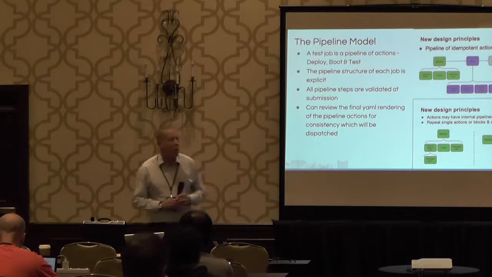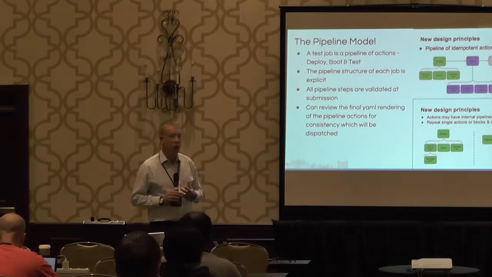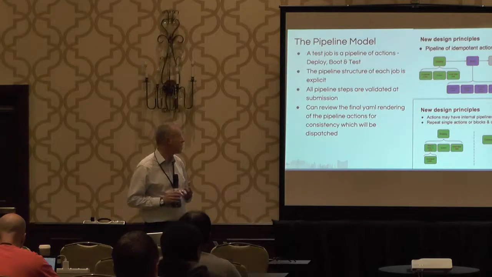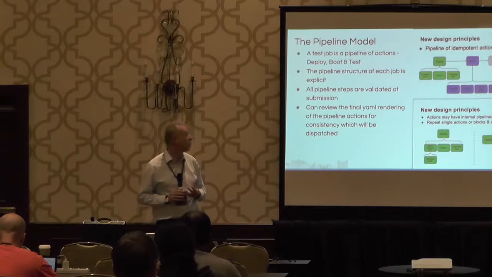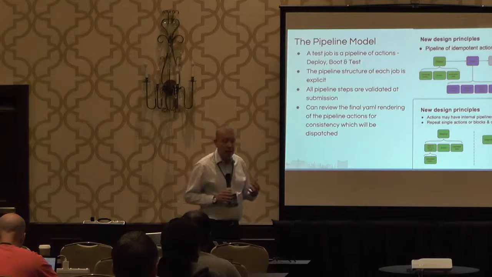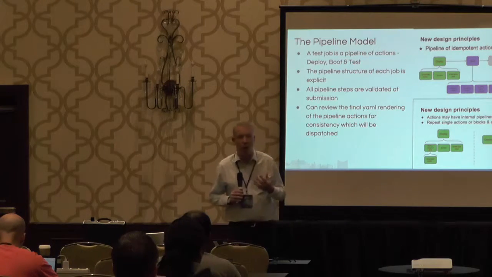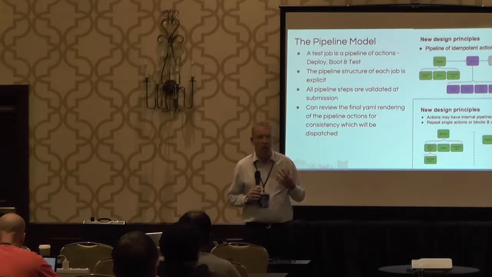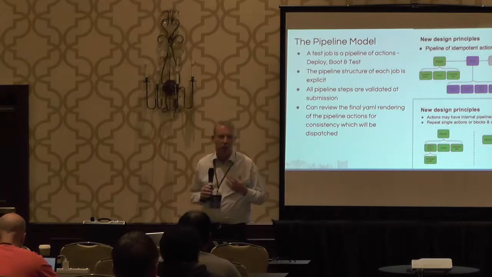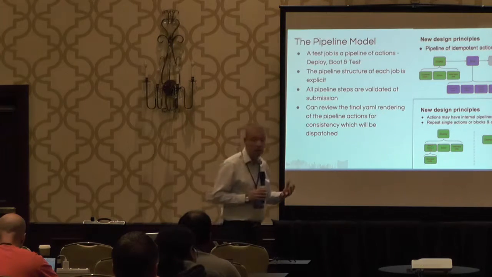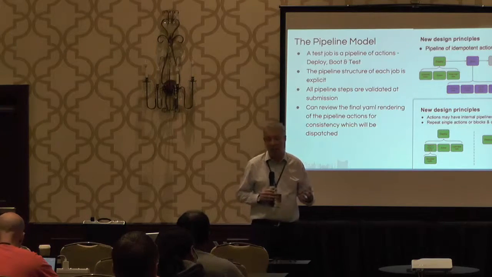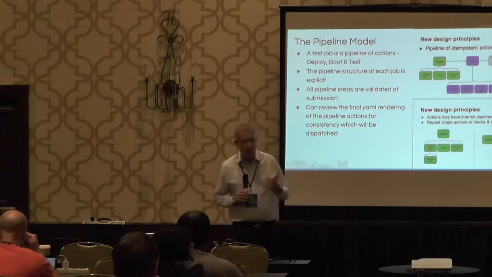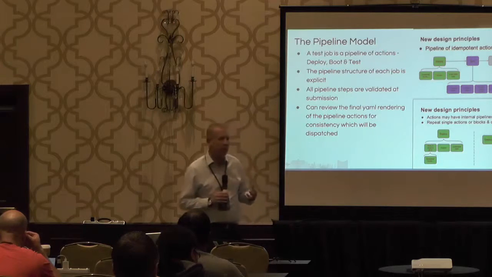In terms of how a test job is represented, the key concept with Lava is something called the pipeline model. A test job is modeled as a pipeline of actions. The top-level actions are deploy, boot, and test. And the pipeline structure of each job is explicit.